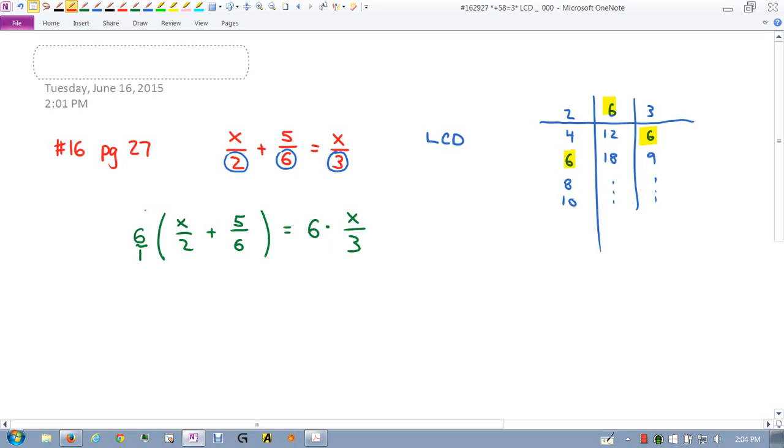So when you multiply through this first one, you're really doing 6 times x over 1 times 2, because multiplication of fractions is straight across. When you do the second one, you're doing plus, because there was a plus sign between them. You're doing 6 times 5 over 1 times 6. I'll get to the right side in a second.